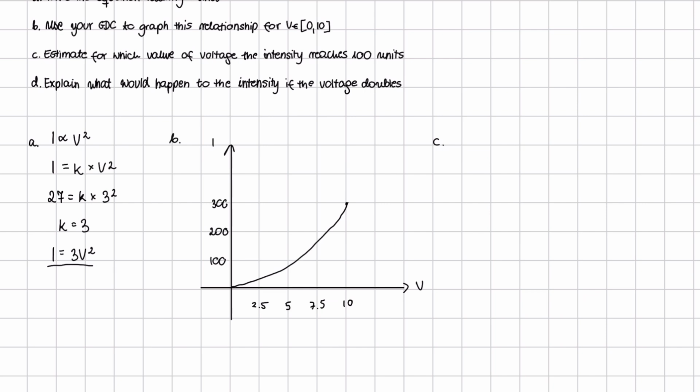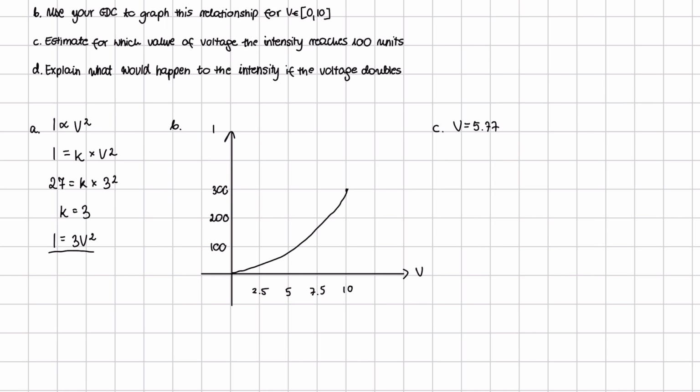You can do it simply by substituting 100 into I and typing it into solver, or by graphing it, then G-Solve, and then x calculate, and we are entering the y value, which is 100, and our answer is 5.77.